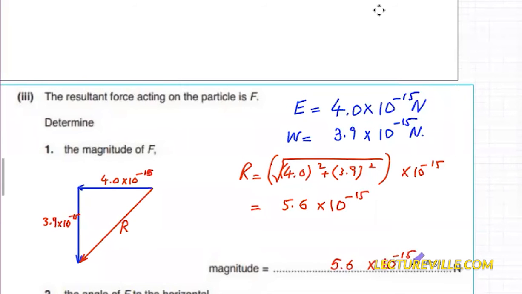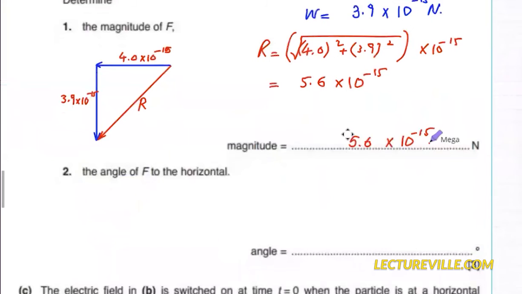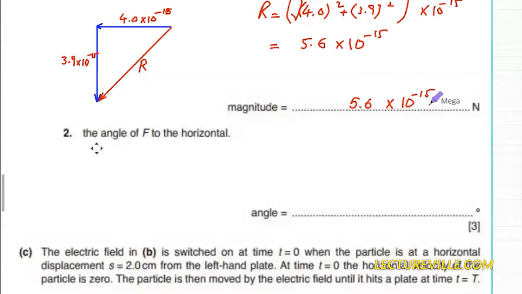Okay, now moving on to the next part, the angle of F to the horizontal. Actually, he is calling this force F. He's asking for the angle from the horizontal, this angle. So angle will be tan inverse of 3.9 divided by 4.0.